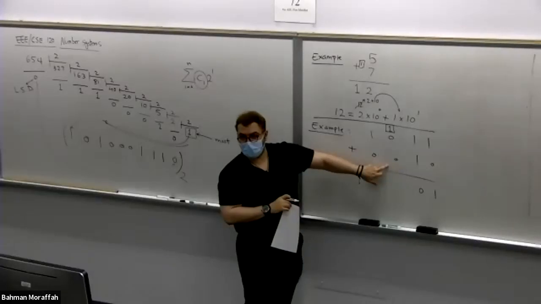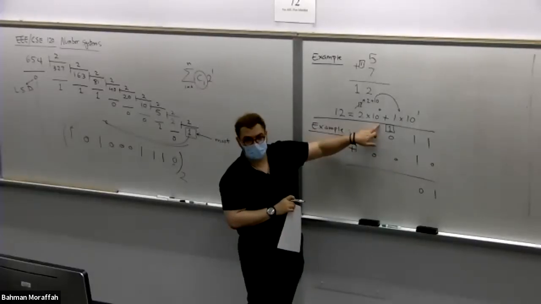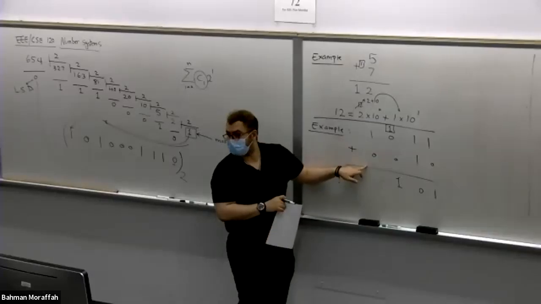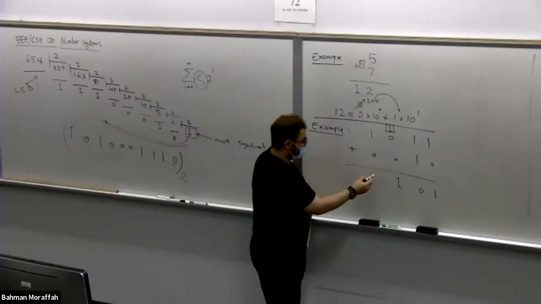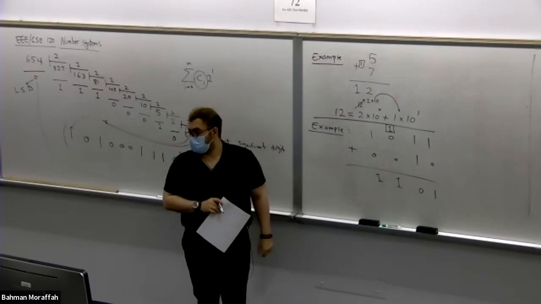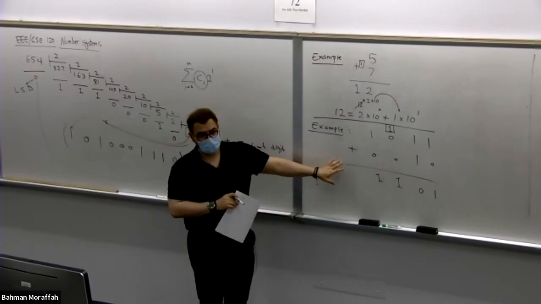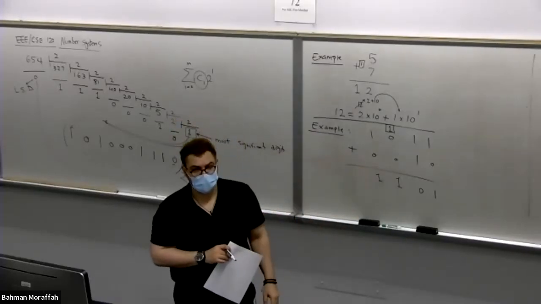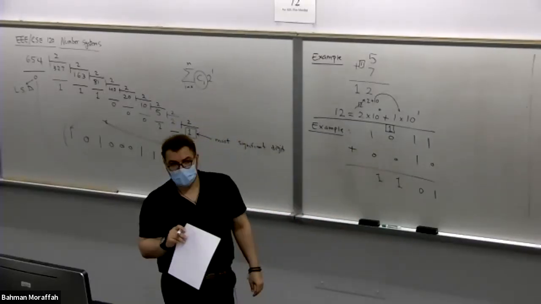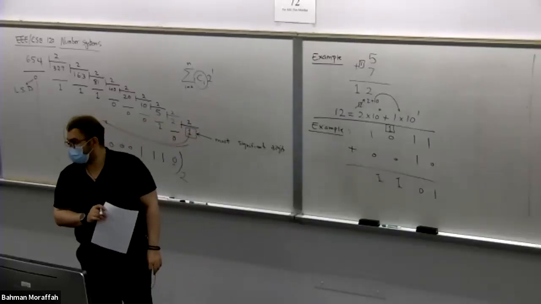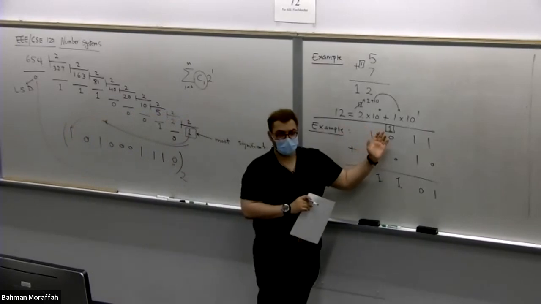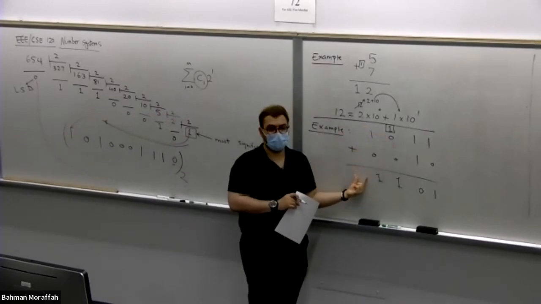What is this thing over here? That's 0 plus 0 plus 1. How about here? It's again a 1. But is this always the case? Can I always add two positive numbers? In a little bit, or maybe next lecture, we're going to learn that's not always the case. Sometimes, if we do this, we're going to have an extra bit, right?